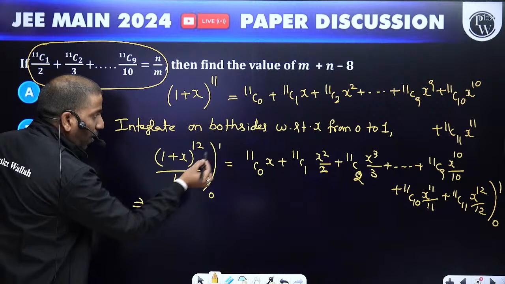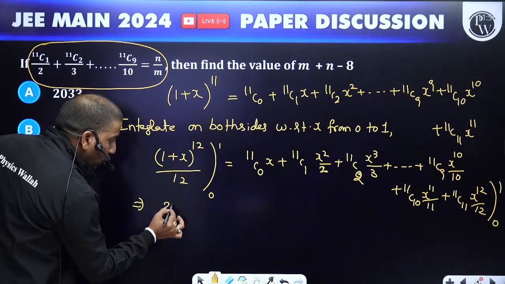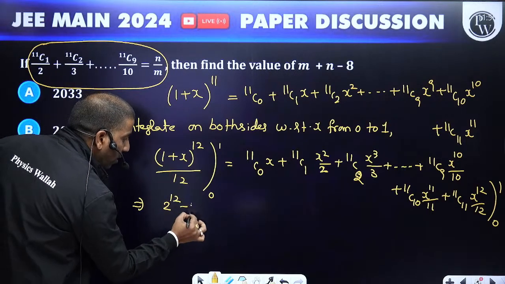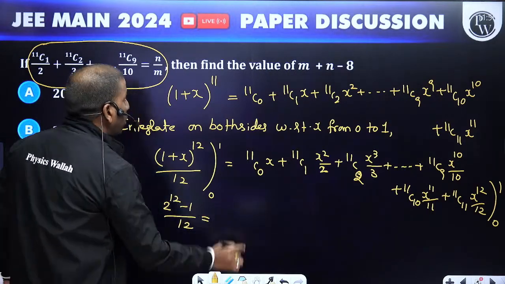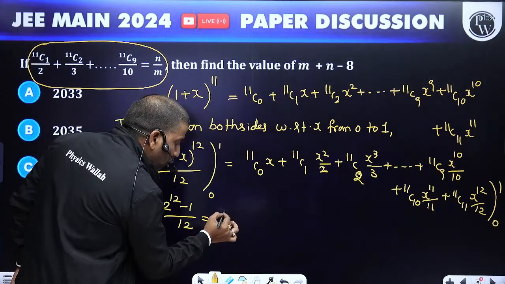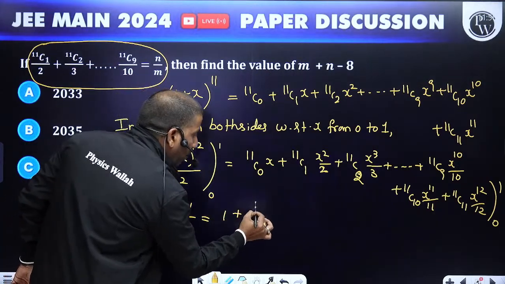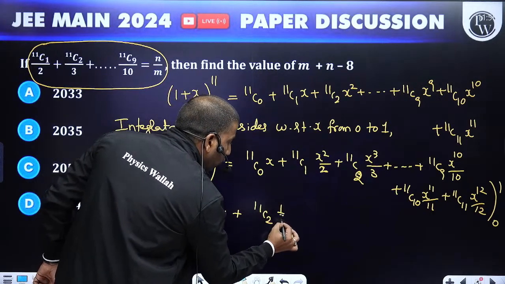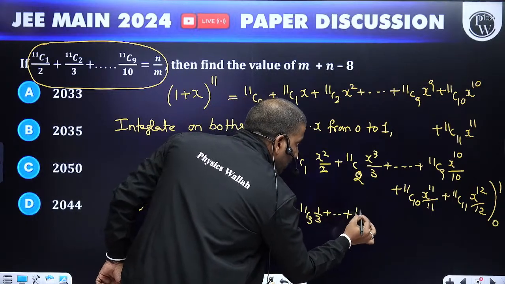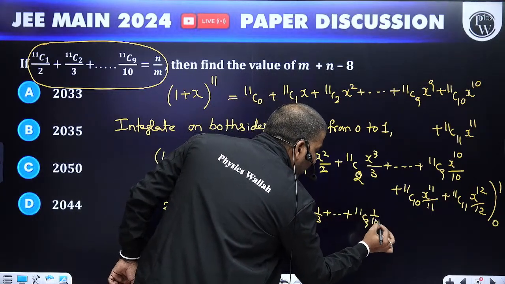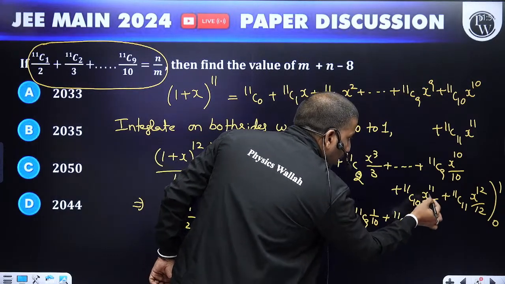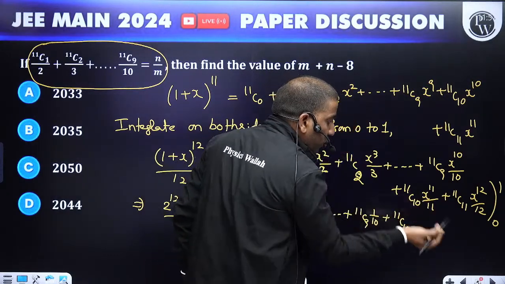When we apply upper limit, 1 plus 1, 2 power 12, and lower limit 0, 1 plus 0, 1 by 12, which is equal to: 11c0 is 1, that will become 1, and remaining 11c1 times 1 by 2, 11c2 times 1 by 3, plus and so on, plus 11c9 times 1 by 10. So this is what we need, and for the remaining 11c10, upper limit 1, lower limit no need to substitute, it is 0.